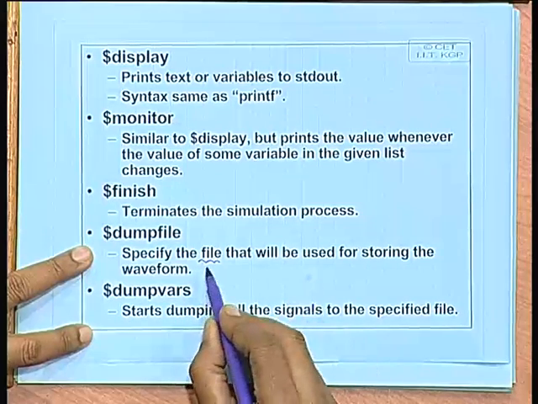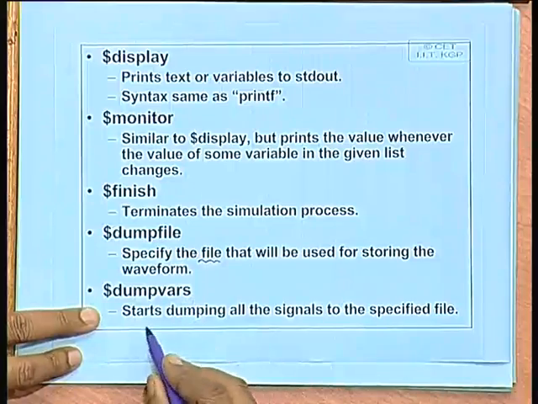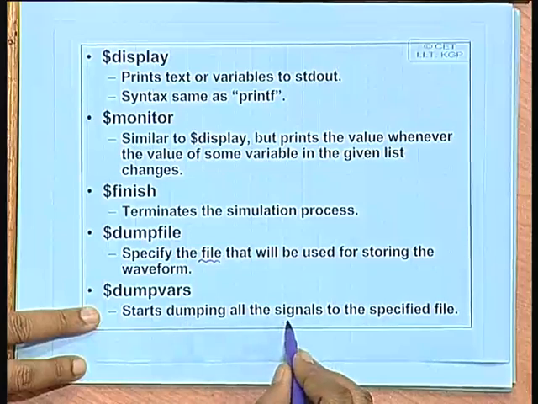In dump file you specify a name of the file where some information will be outputted, and dump vars will dump all the signals that are there in your specified module into that file whenever there is a change or after each instant of time.